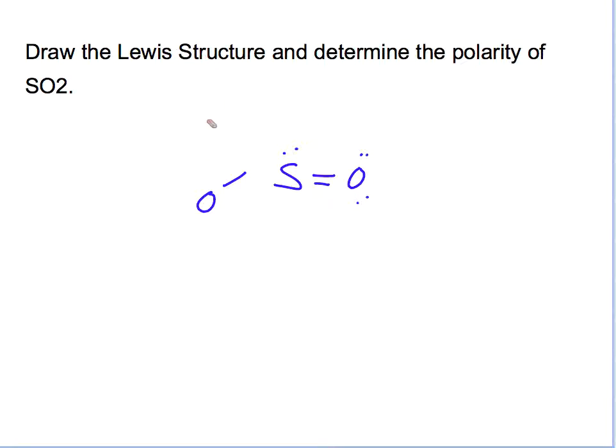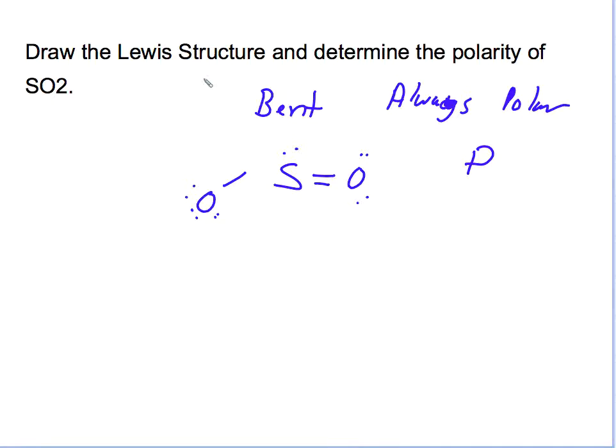And so then what we end up getting is this. Now whenever you have three things and there's a lone pair on the central atom, that gives your geometry as being bent. And bent molecules are always polar. So you could say SO2 is a polar molecule.